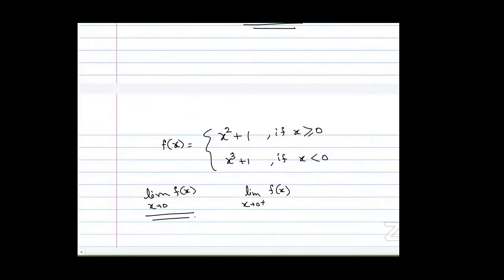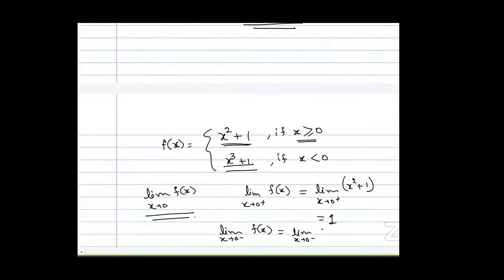Which piece do you consider for the right hand limit? The upper one, x square plus 1. Exactly, because in that portion, when we are approaching from the right side, x is positive, right? So x tending to 0 plus of x square plus 1, and you know this is a polynomial function. So when we are approaching 0, it is 0 plus 1, which gives us 1. And what is the left hand limit? It is also 1. In this case we have to consider the other function, right?